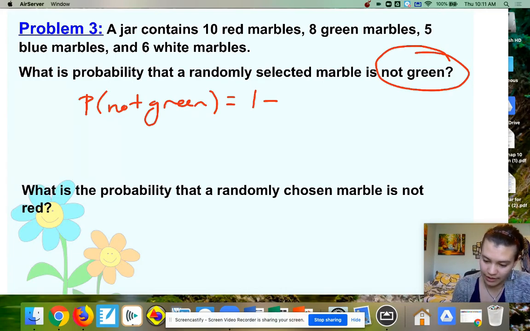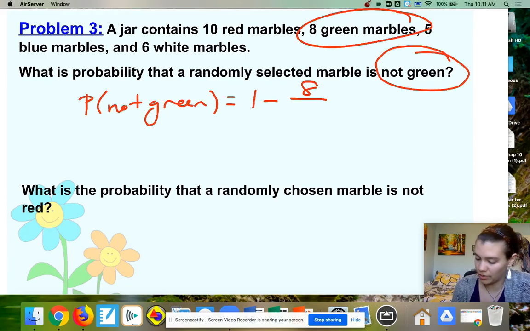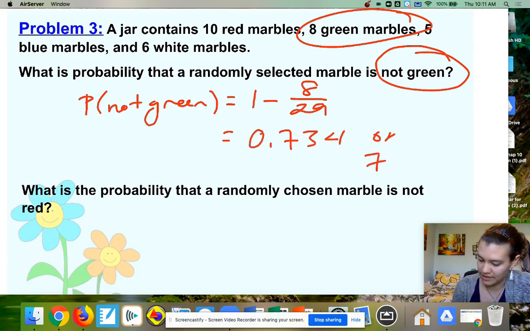So we have 8 green marbles, and if we add 10 plus 8 plus 5 plus 6, you get a total of 29 marbles. So calculate this out, and 1 subtracted 8 over 29 is going to give you 0.734 or 73%.